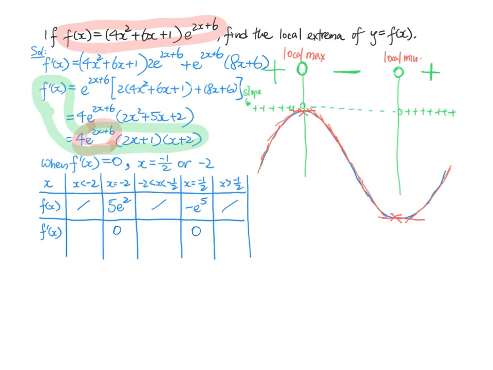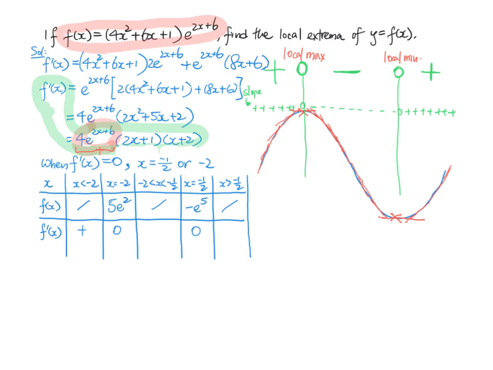When x equals to -1000, this again is always positive. This is negative, and this is also negative. In other words, positive, negative, negative, this is positive. And for the middle section, between -2 and -1/2, I am going to pick the easiest number, say -1.